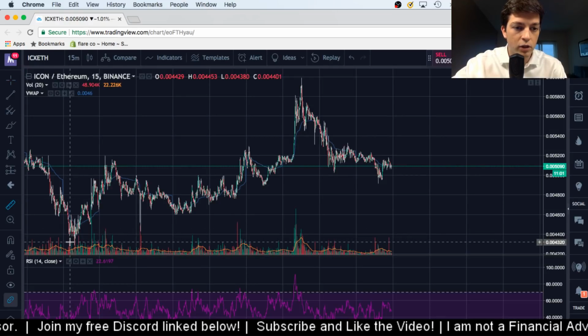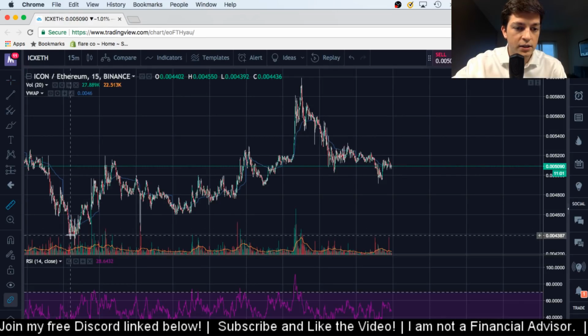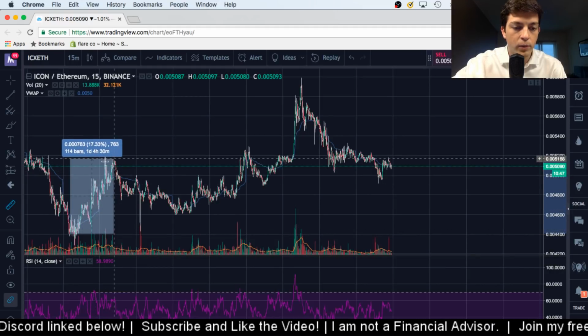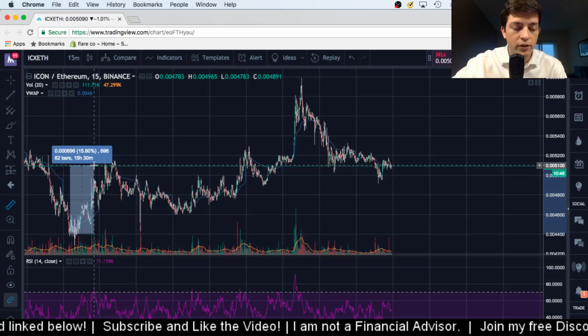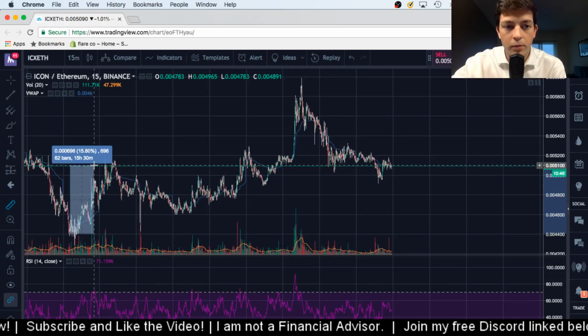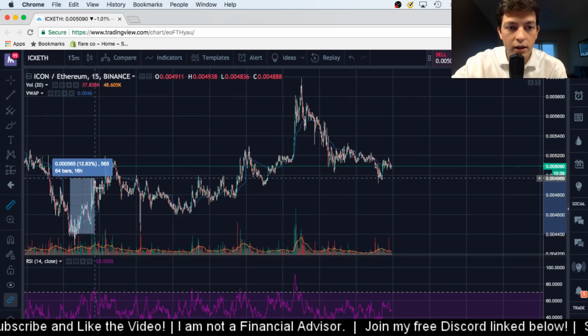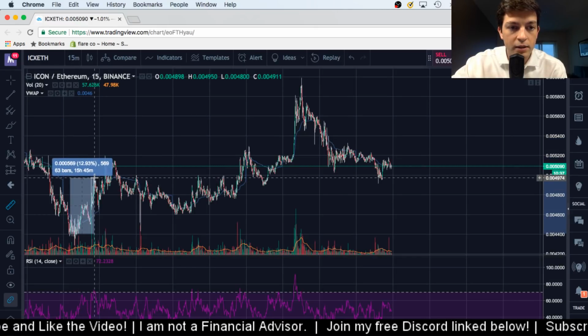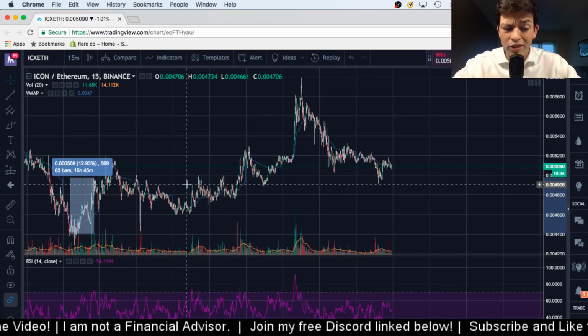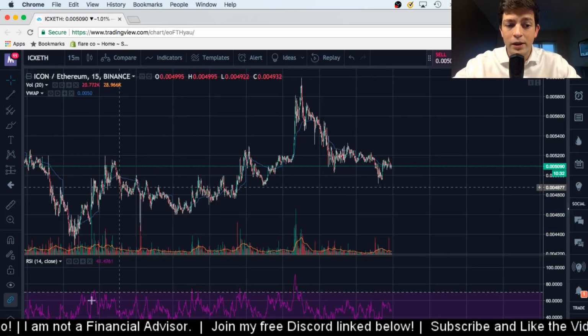So if you bought on this low of the RSI, you would have bought right here. And if you sold at the 70 mark when it became overbought for the first time, you would have gained approximately 13%.